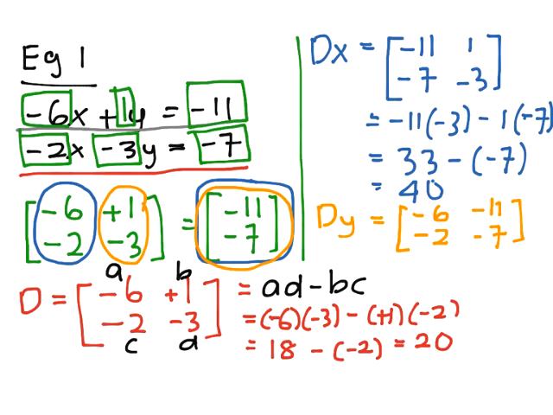To come up with dy, we use AD minus BC. So we have -6 multiplied by -7, which is 42, minus -11 multiplied by -2, which is 22. So 42 minus 22, our value of dy will be 20.